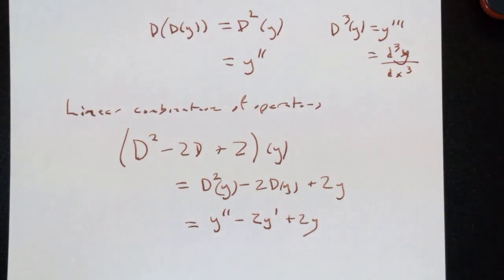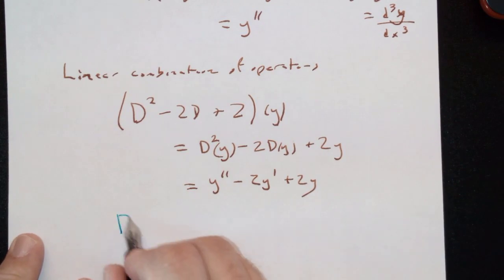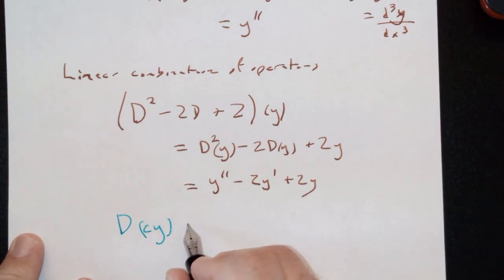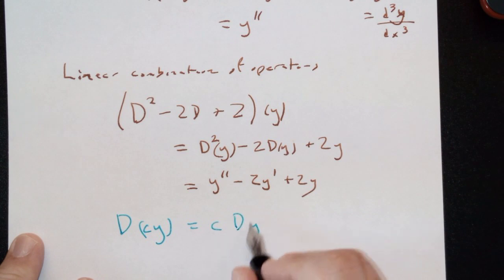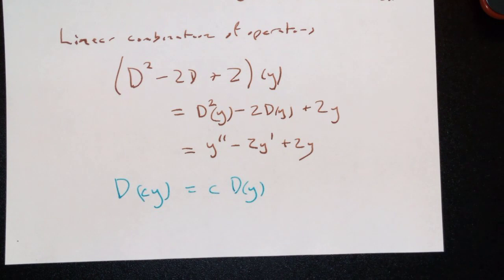As a matter of fact, this is an operator that is linear under the definition we used for linear. D of a constant times the function. That's the constant multiple rule from taking derivatives.